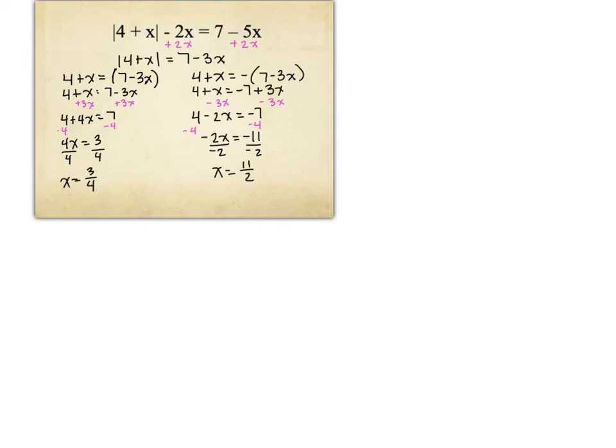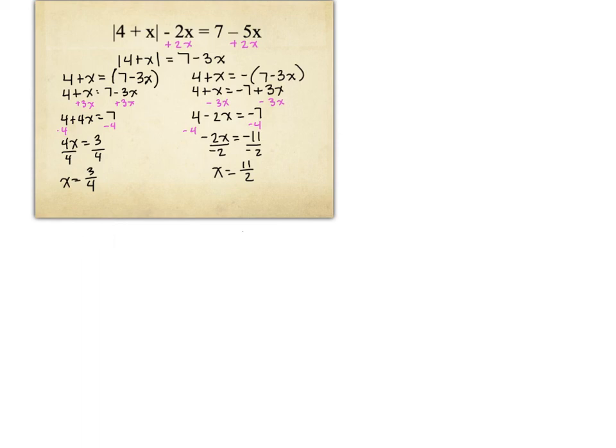So now I'm going to check my work. Get 4 plus 3/4 minus 2 times 3/4 equals 7 minus, actually what I'm going to do is, I'm going to erase this, apologize.